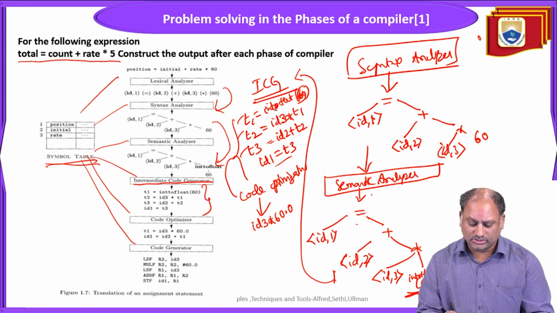Previously I had written 2 statements, int to float of 60, identifier 3 star T1. So these 2 statements can be written simply as 1 assignment. Now this is to be added with identifier 1, T1. This is assigned to T3, but here we directly assign to identifier 1.